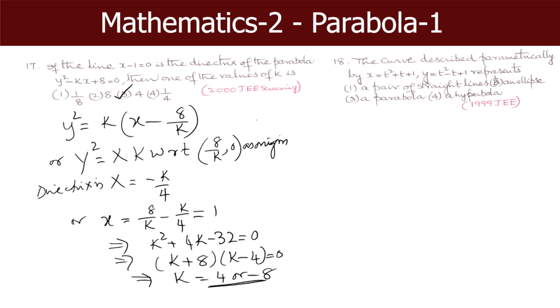But let us see what is x plus y. (x plus y) by 2 is equal to t square plus 1, and (x minus y) by 2 is equal to t. Follow?